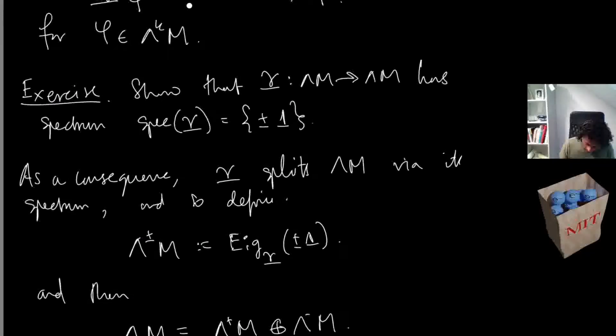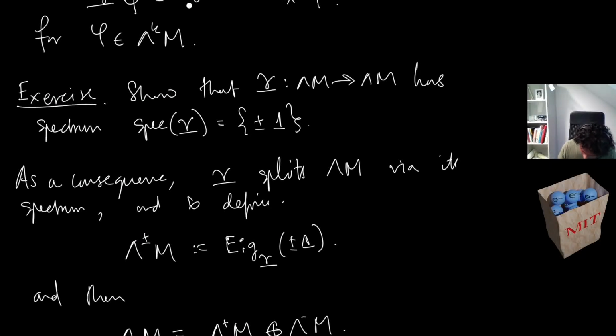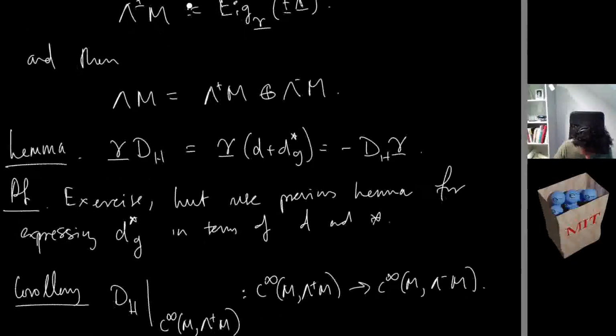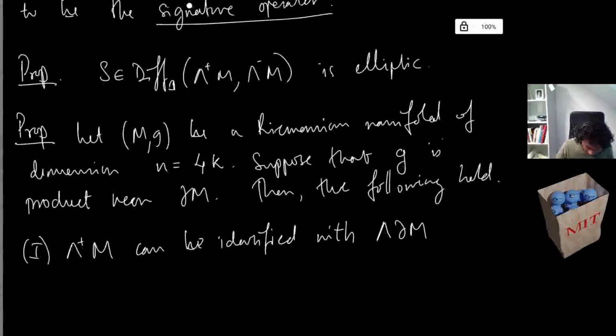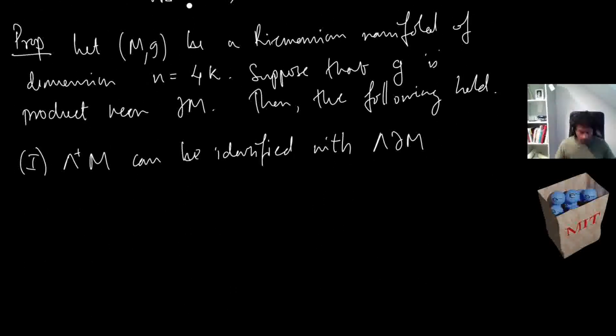In the exercise, the spectrum splits in this way, and the eigenspace of minus 1 is isomorphic to the eigenspace of 1. So that also fixes the dimension, right? So it has to cut up the bundle into two sub-bundles which are of the same dimension.